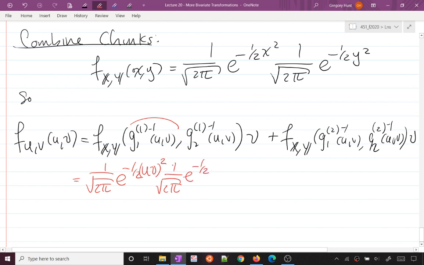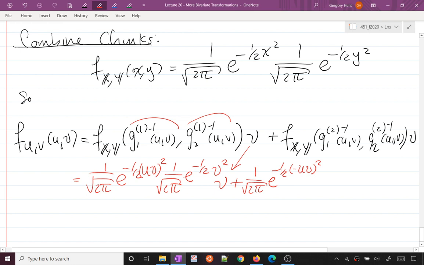Instead of y, we're going to put this thing, which we said was just v, so v squared, right? And then, don't forget our Jacobian determinant, this v, that comes down. Then we add on the corresponding part for chunk 2. In this case, it's negative uv squared.